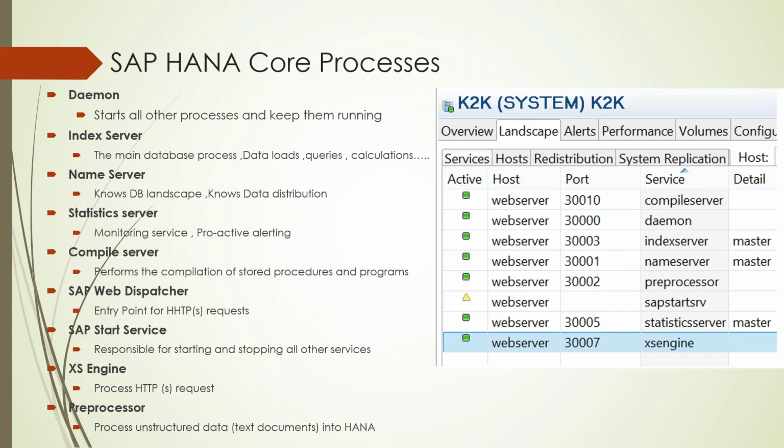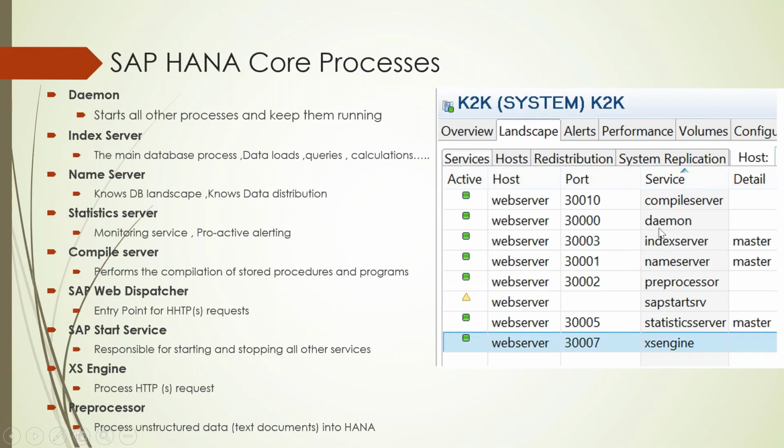If the daemon finds that any services are down or stopped, then it automatically starts the services. For example, if the name server is stopped, the daemon starts the name server automatically. So the daemon keeps monitoring all the core services and makes sure that they are up and running. If it finds any errors or a service down, then it starts it.